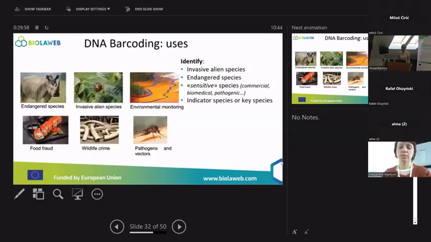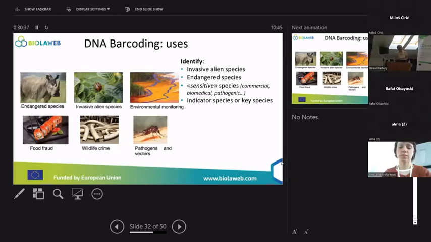So DNA barcoding, which uses... You probably know them. With a barcode, you can identify endangered species. Probably for this kind of animal you don't really need a barcode, but well, that's the idea. You can also identify invasive alien species, and sensitive species. What I mean by sensitive is species that could be of commercial or biomedical use, or of interest because they are pathogenic, and so on.